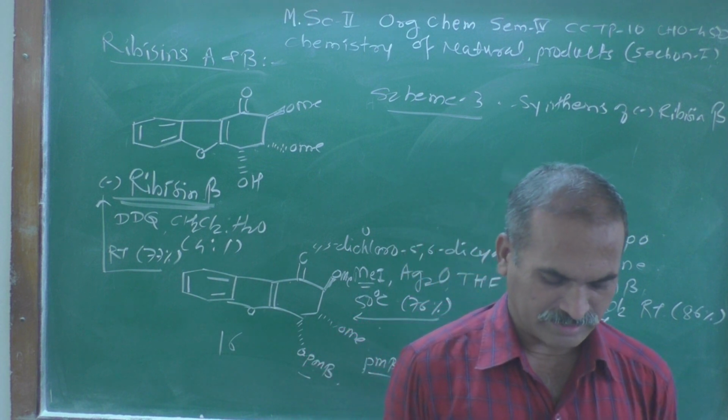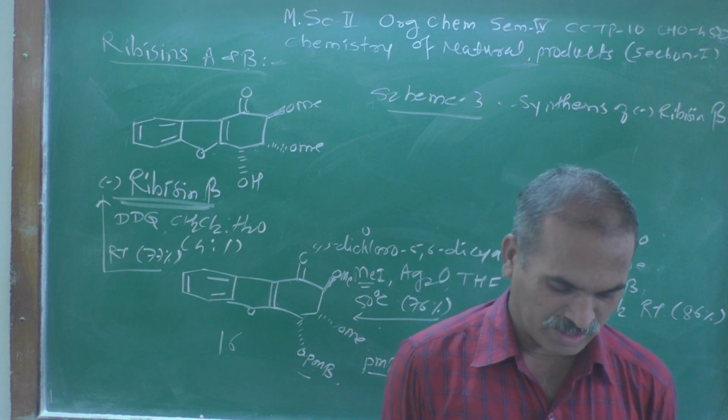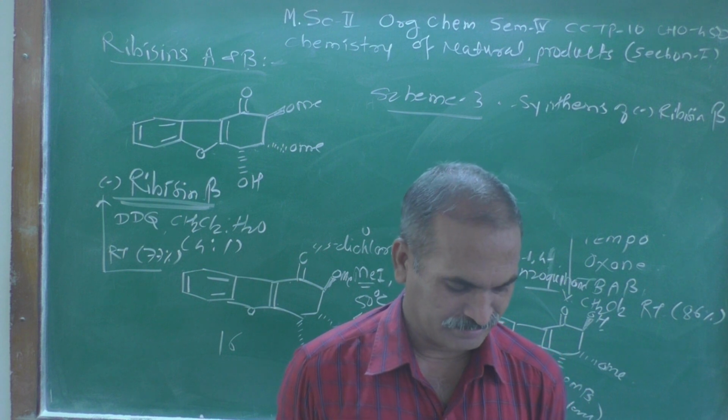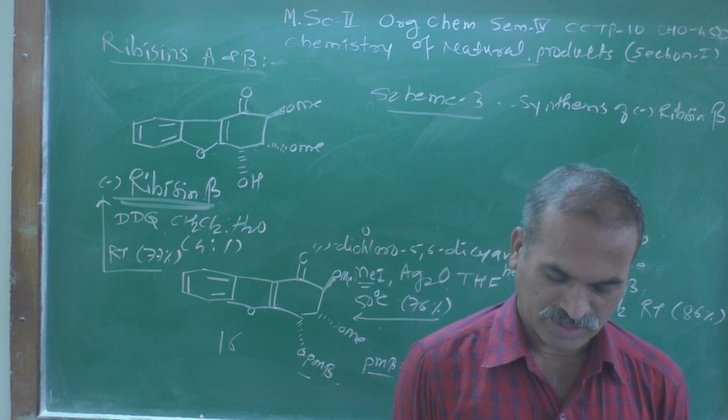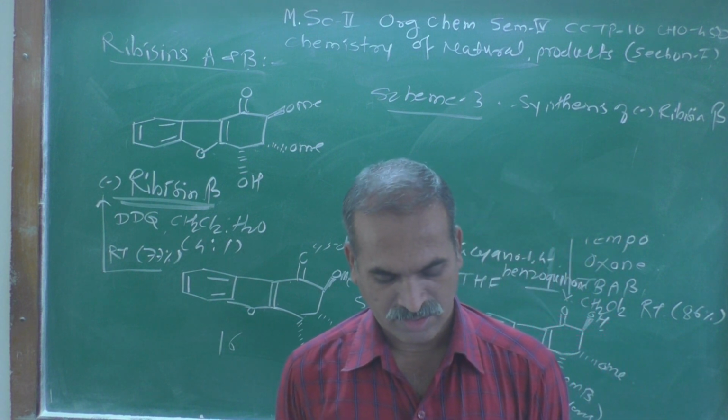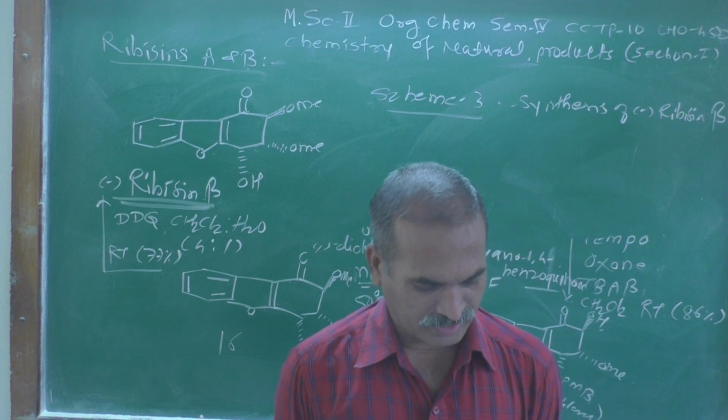Methylation with methyl iodide in the presence of sodium hydride of alcohol 11 yielded methyl ether 13, which we already discussed, in 90% overall yield.